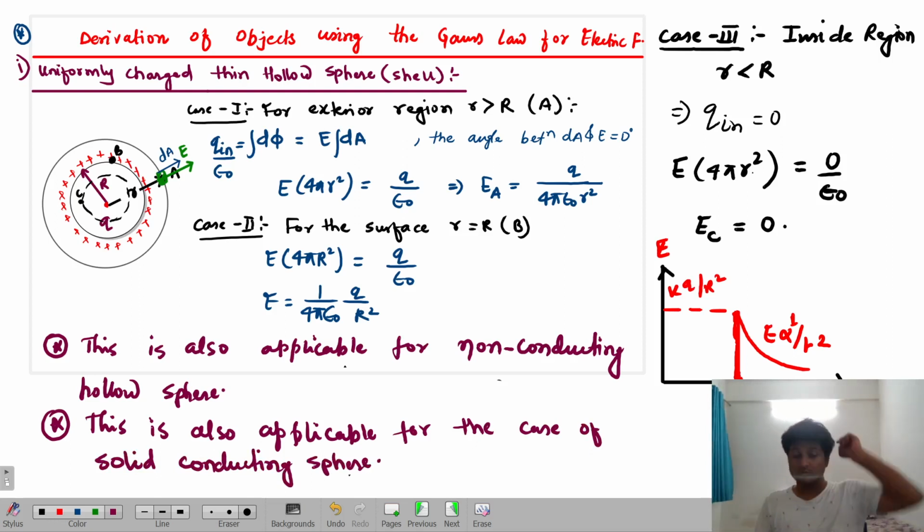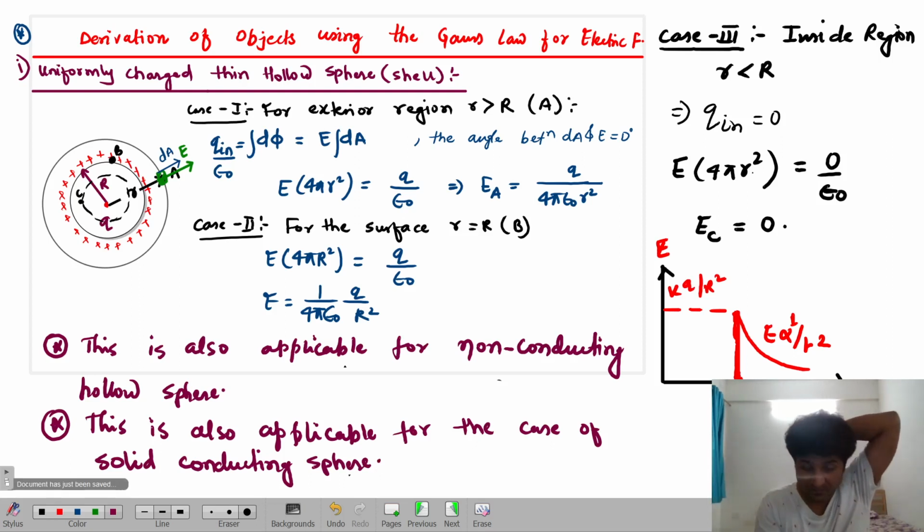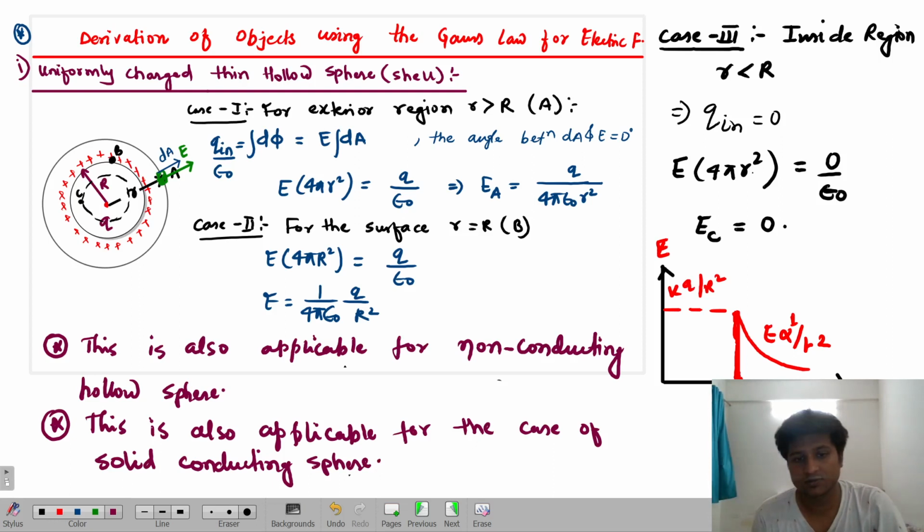Okay. So you have to be very, very cautious during the exams, whether it is non-conducting or conducting. You have to take care of that. They will specify everything in the exam, everything. Is that clear? Otherwise you will get negative marking definitely.